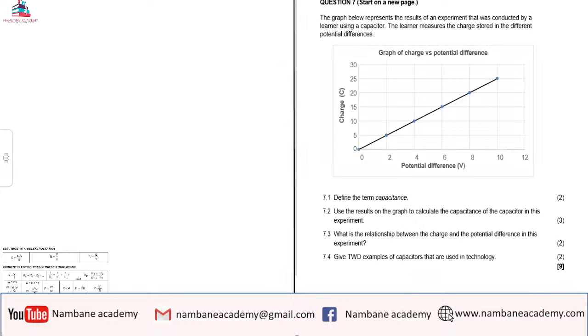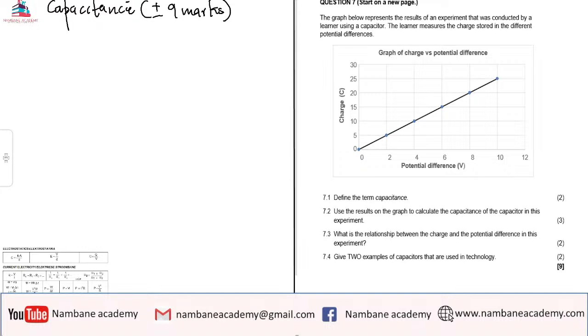Let's look into capacitance and just quickly remind ourselves what is important here. In an exam, this will be plus minus 9 marks. It will depend on the examiners, but in most cases we anticipate that it will be around 9 marks.